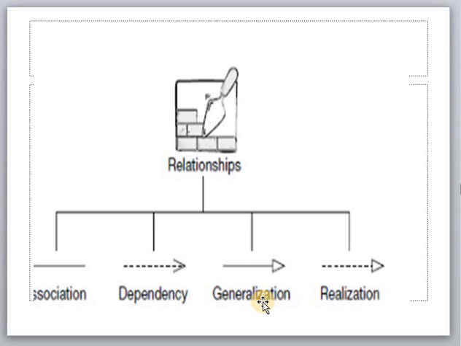The next relationship in a class is called the generalization relationship that can be used or modeled using this particular symbol. And finally, we have the realization relationship, which is used to model using the particular symbol.